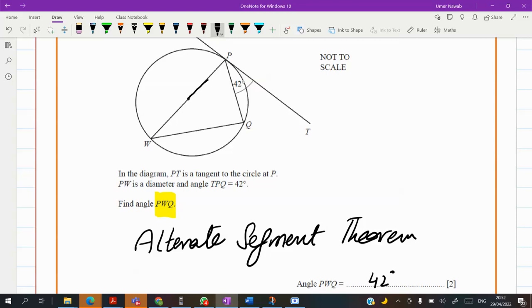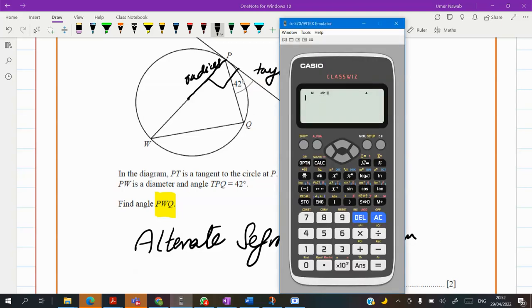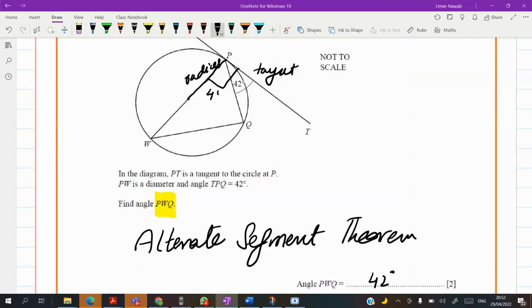How? This is radius and this is tangent. So radius and tangent are 90 degrees. So this is 90. So 90 minus 42, boys, will give you 48. So this is 48. This is 90 degrees by the property of right angle in a semicircle, because the diameter was given, and we can find the third angle.